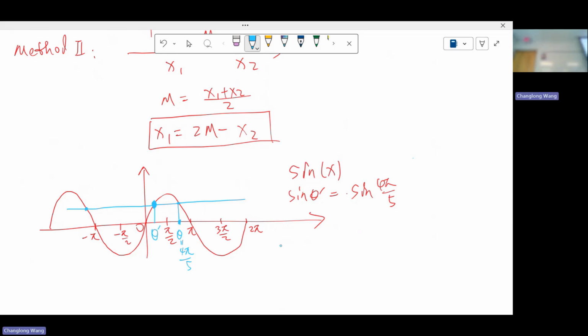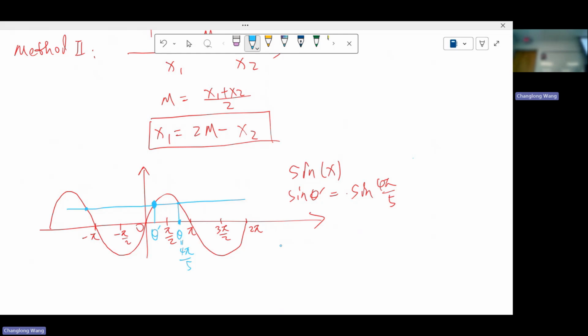But what makes this point so special? Do you see that this point is the only point that falls into the restricted domain of the sine, from negative pi over 2 to pi over 2? Because that's the point you want, right? If I scroll up, you see that theta prime needs to be in between negative pi over 2 and pi over 2, right? So now take a close look at theta prime and theta, see where they're located. And also, do you realize that pi over 2 happens to be the midpoint?